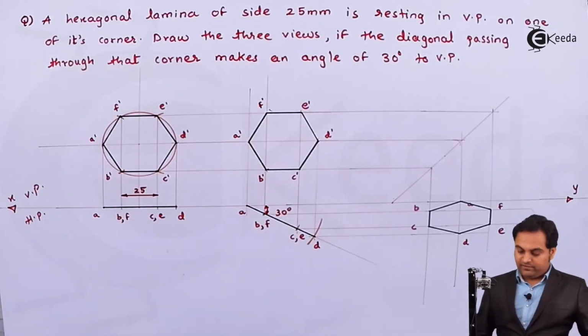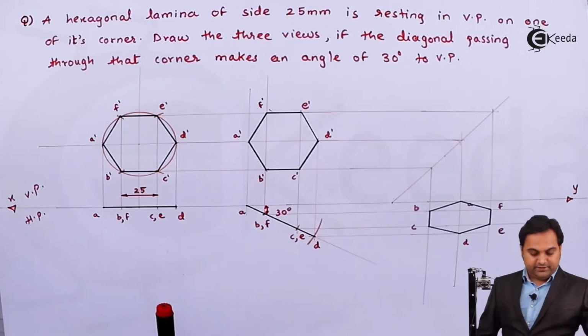Hexagon of 25 mm side, inclined at 30 degrees in the next condition.